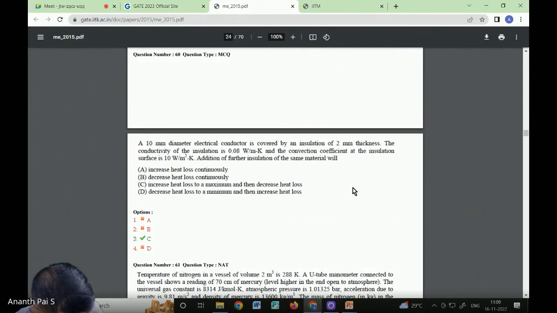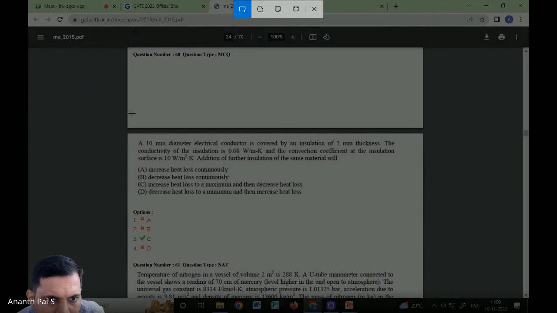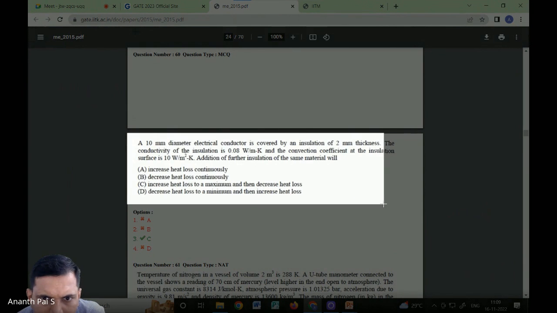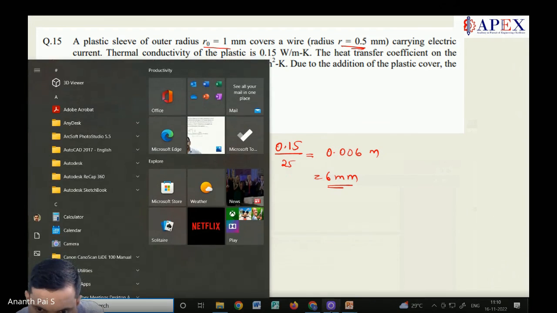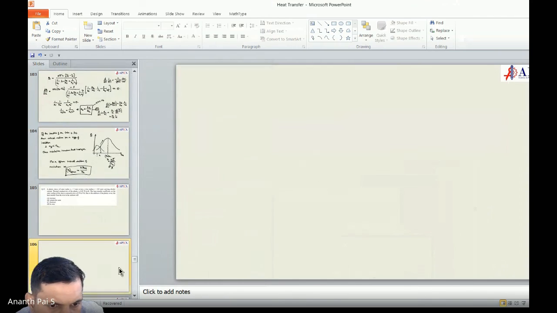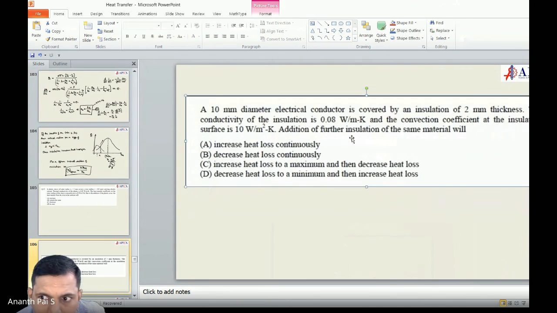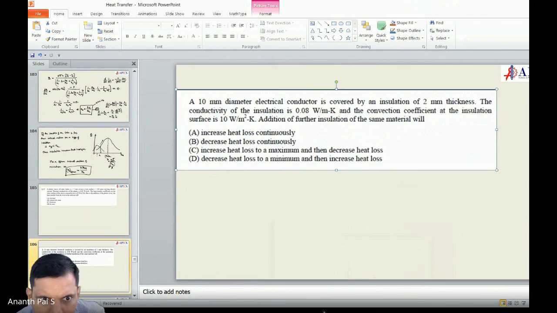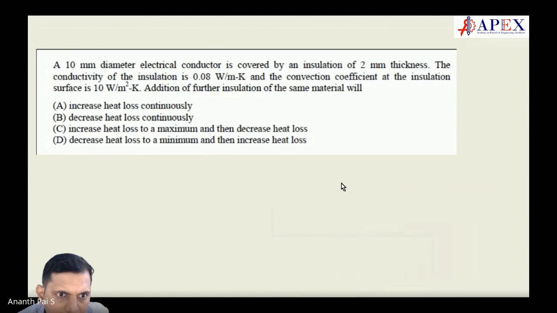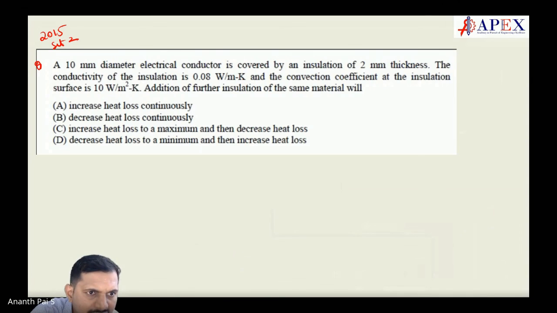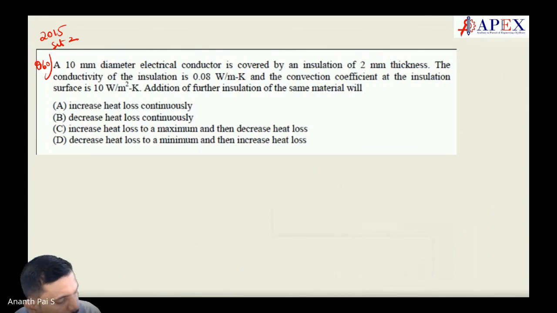Yes, this question, question number 60. So this is 2015 set 1, question 60.